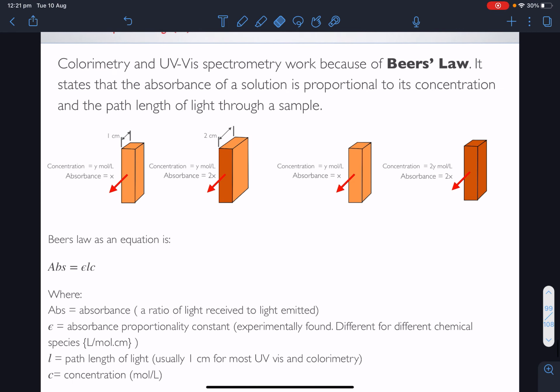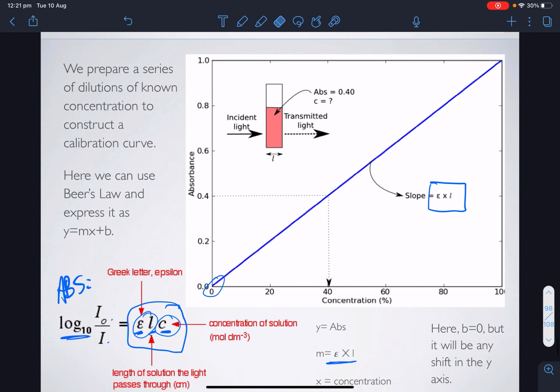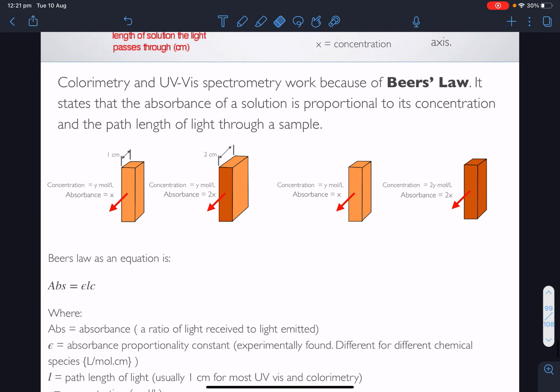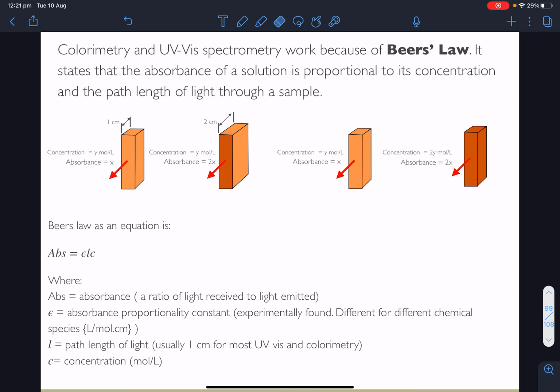More on to this Beer's law. Beer's law is the prediction that our absorbance is proportional to concentration. It states absorbance of a solution is proportional to its concentration and the path length of light through a sample. Here I'm trying to show that to you.